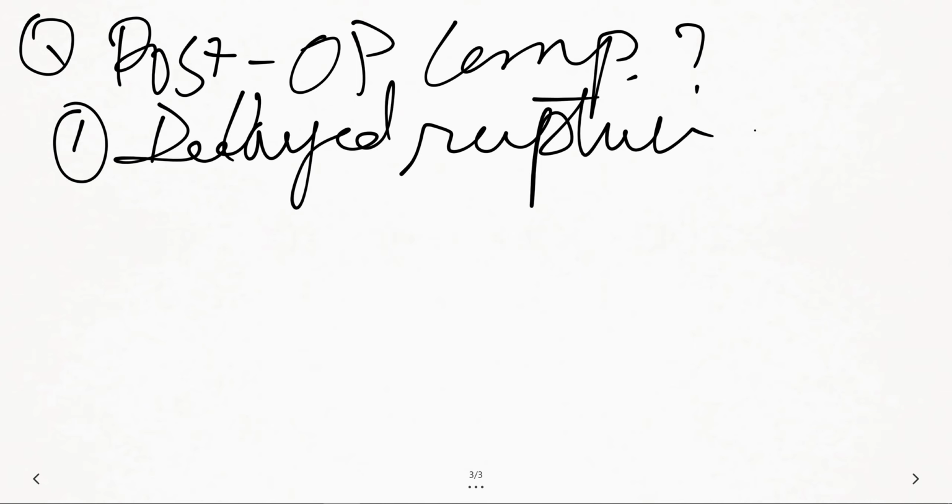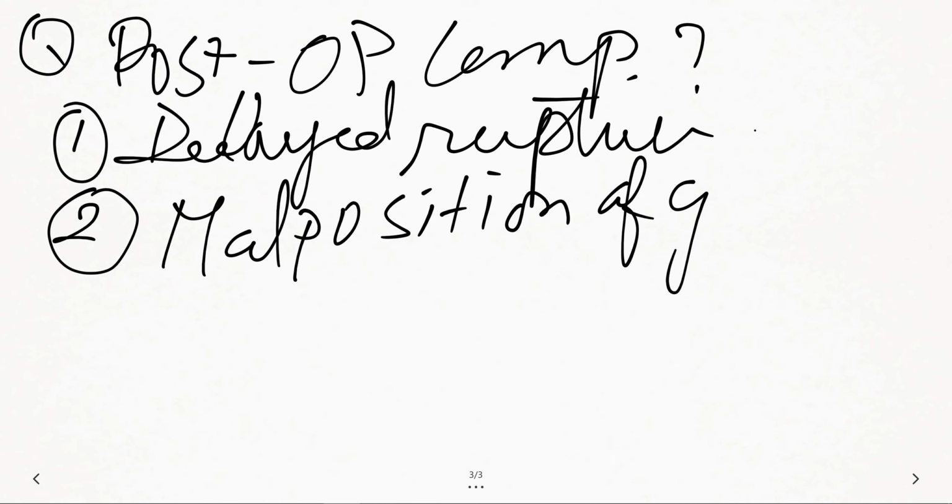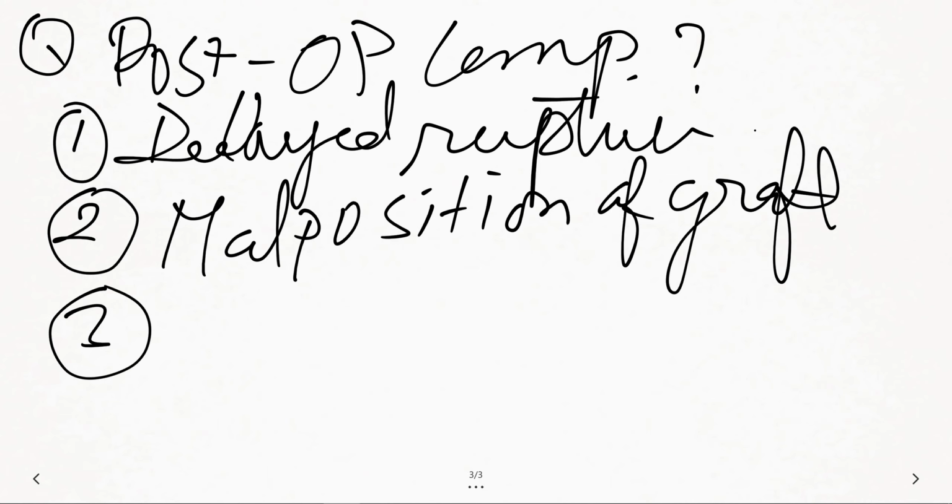So malposition of the graft may occur. Okay, well, what may occur else?